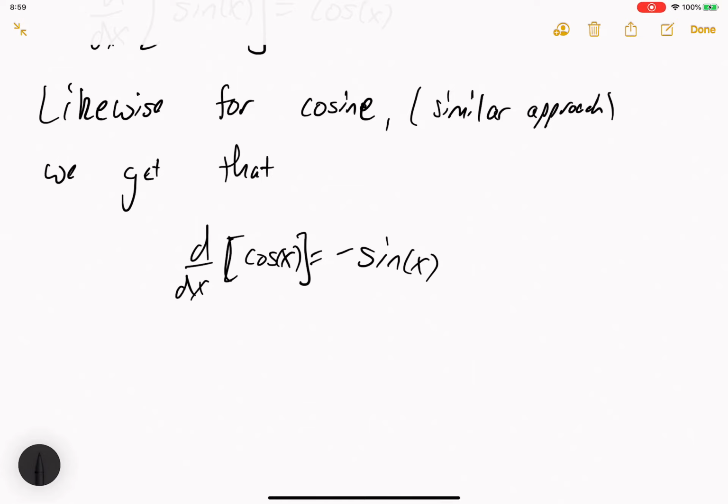So the derivatives are equal to each other, sort of, but they're negatives of each other instead. So that's pretty nice, actually. And this is the one you'll have to remember.